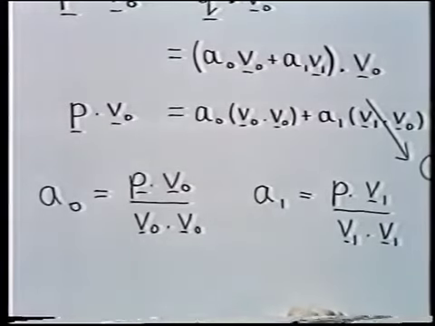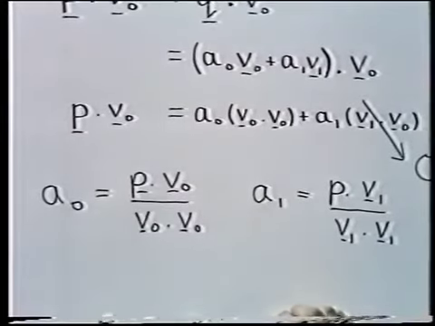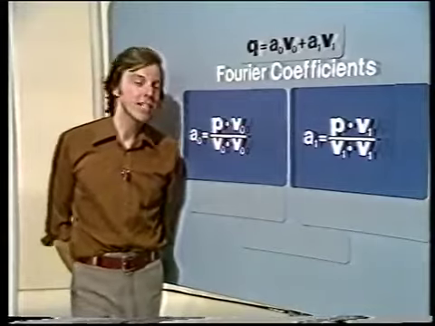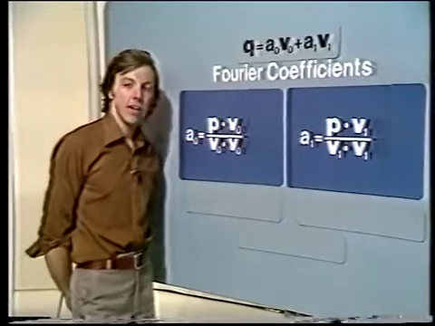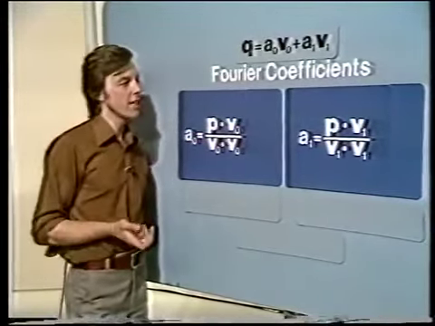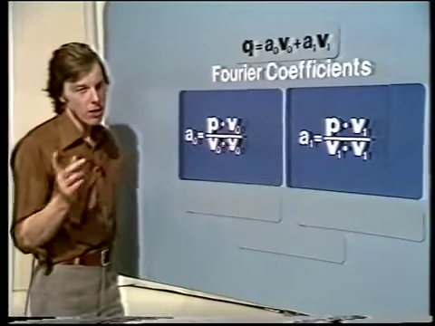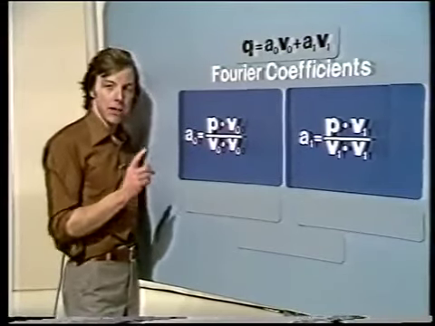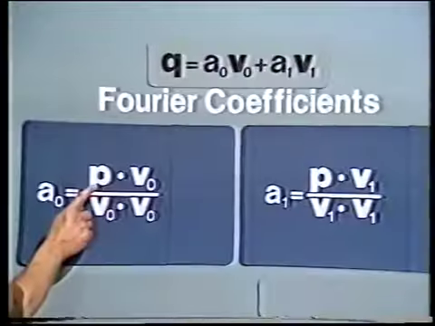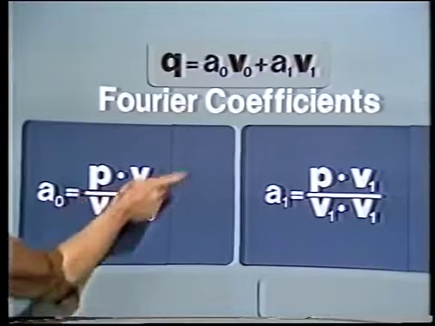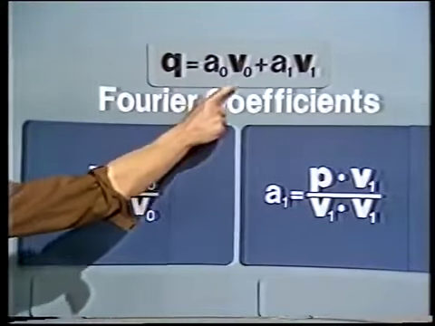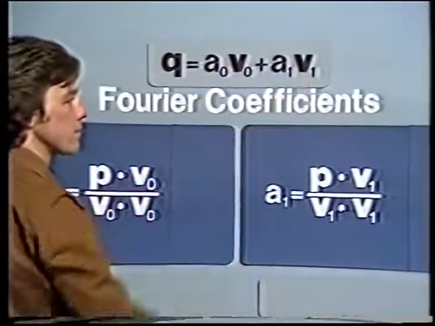So that's the Fourier coefficients A0 and A1. Now, as I've already hinted earlier, Fourier coefficients are very important because they crop up in a whole variety of circumstances, but they always crop up in much the same way. What you're trying to do is to approximate to a vector P using a vector Q and an orthogonal basis.